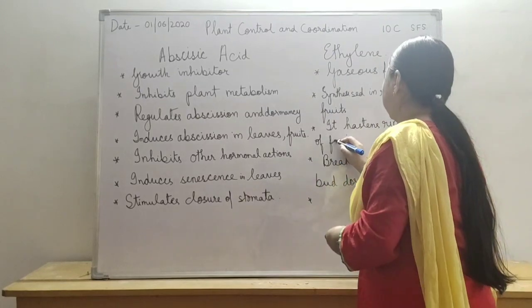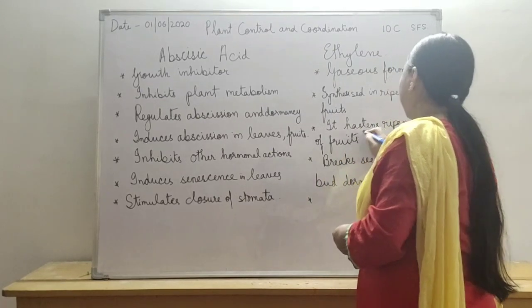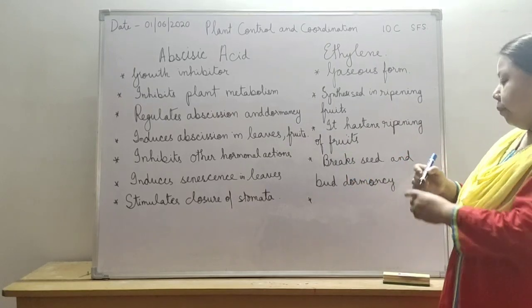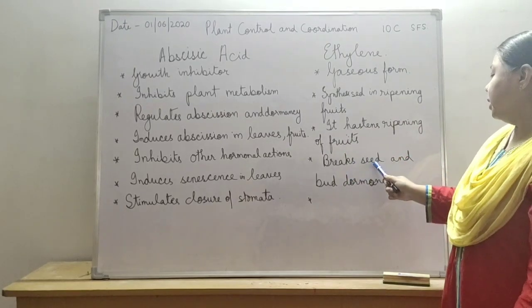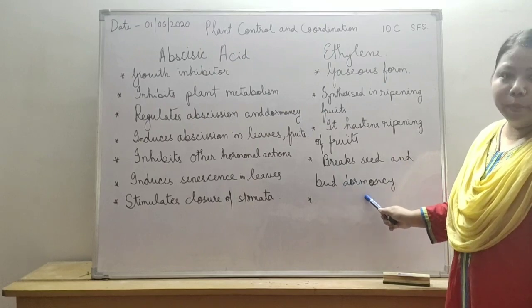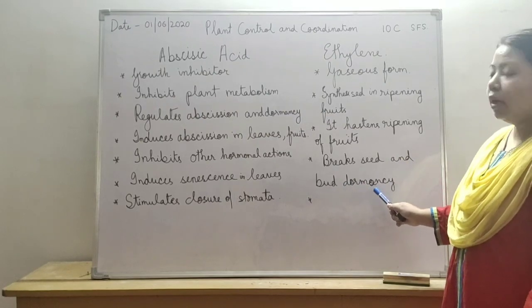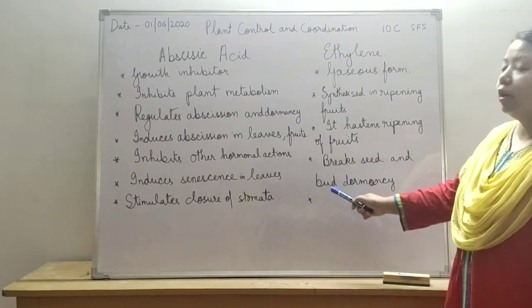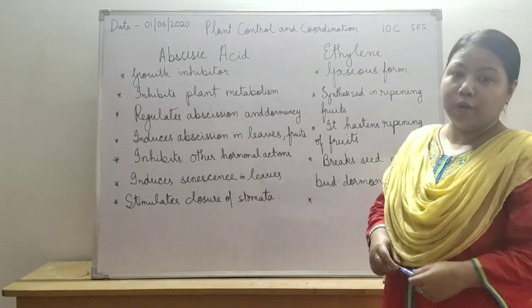Okay. It hastens ripening of fruits. Fine. It also breaks seed and bud dormancy. It helps in the germination of seeds and also it helps the buds to bloom into a flower.